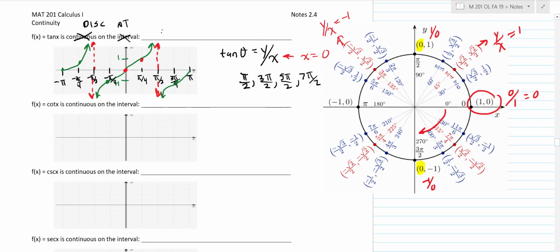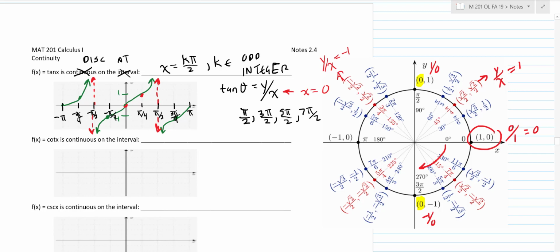We're discontinuous at x equals k pi over 2, where k is an odd integer. But everywhere else it's going to be continuous.